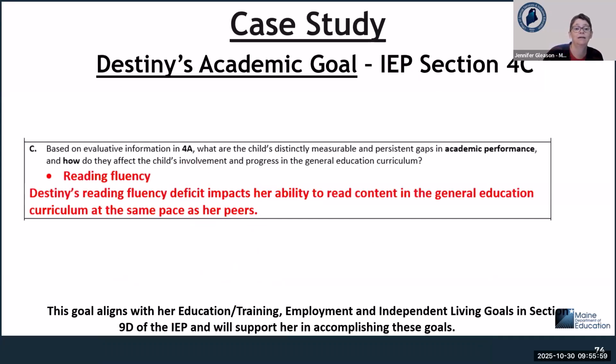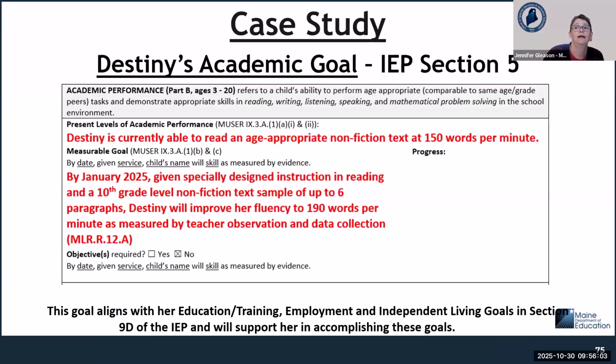She has an academic gap in reading fluency. And this goal will help her with everything, obviously, because reading is important in all aspects of life. But this is going to help her in community college. It'll help her be accepted in community college and help her get through those classes and do well.